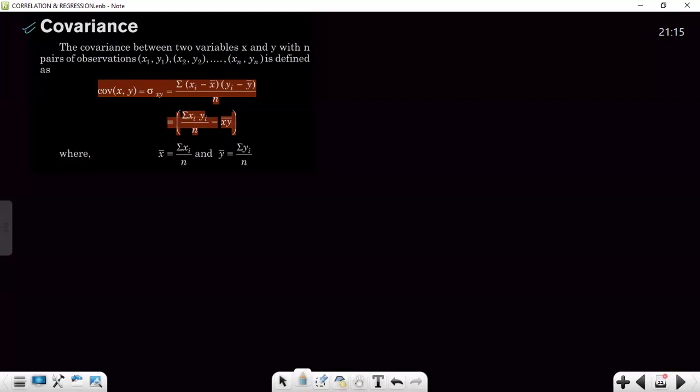There's another form given: sigma xi into yi divided by n, minus the mean of x observations multiplied with the mean of y observations. So these two formulas are important for you to learn. Clear? Any doubts?